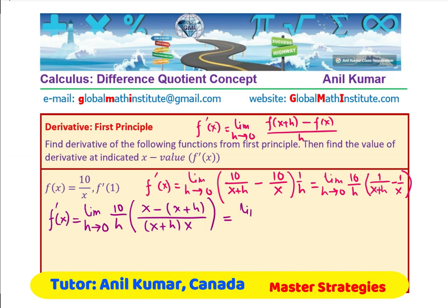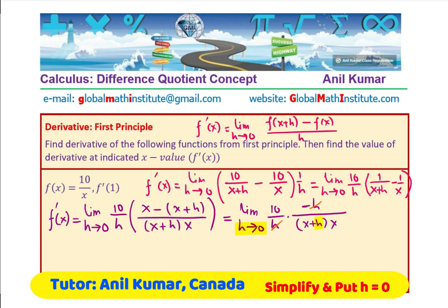We take common denominator, cross multiply. So we have limit h approaches 0, 10 over h. And here, x minus x is 0, but we get minus h here. Is that clear? In the numerator. And the denominator, we have x plus h times x. Now you can cancel these, right? Since you have cancelled, you can substitute this limit and h becomes 0, correct?